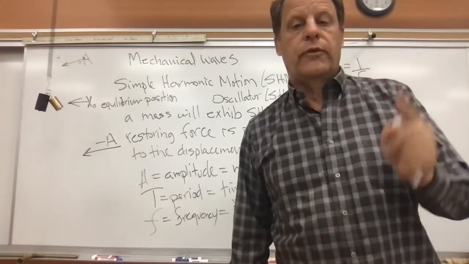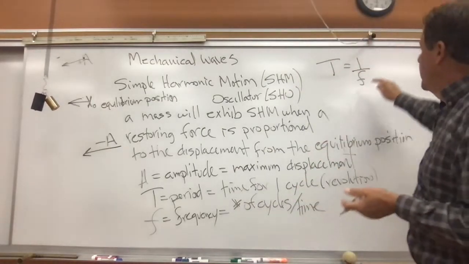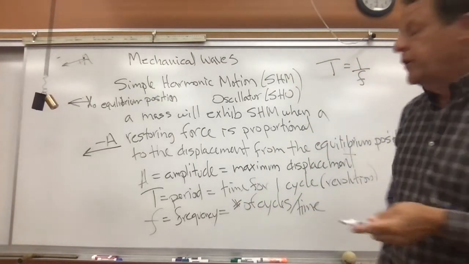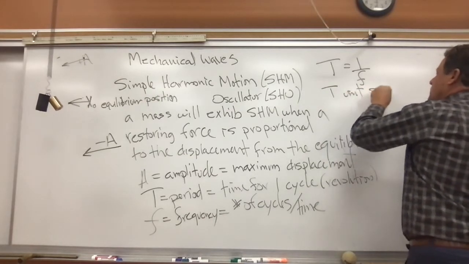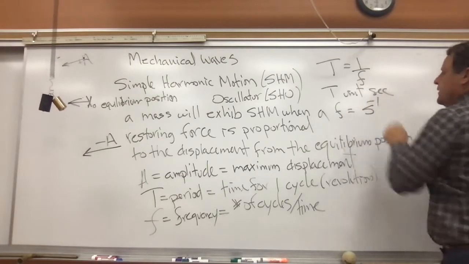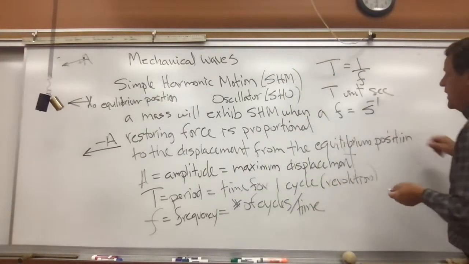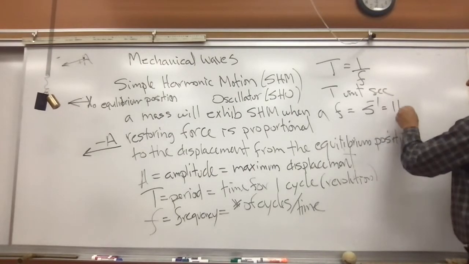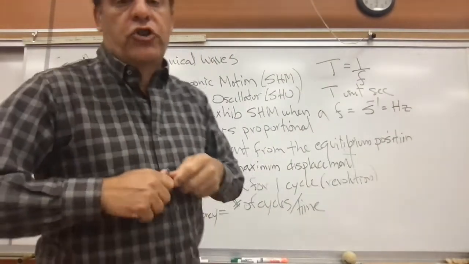So the standard unit for period is seconds. It could be minutes or hours, whatever. The frequency unit is going to be the inverse of seconds, which would be seconds to the -1, and you might also remember that would be measured in hertz.